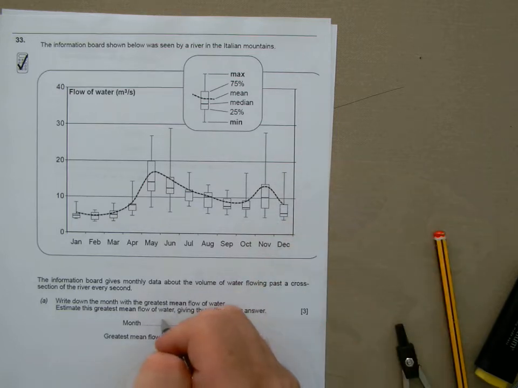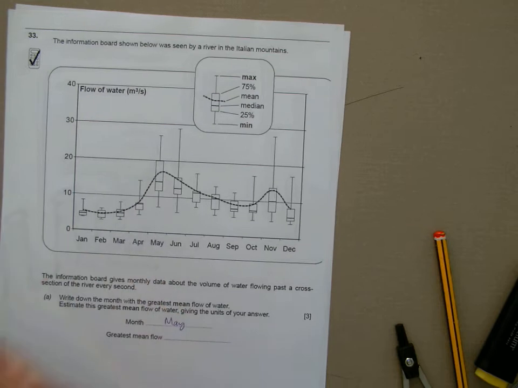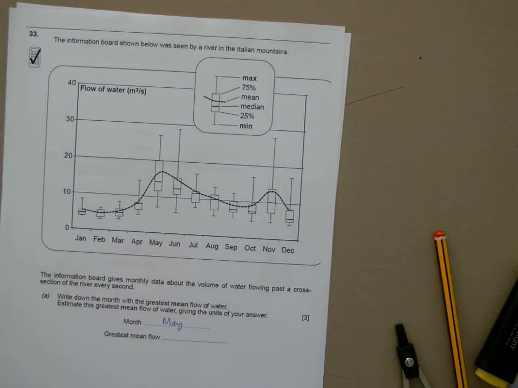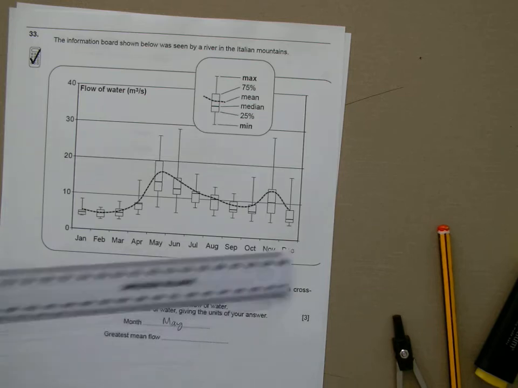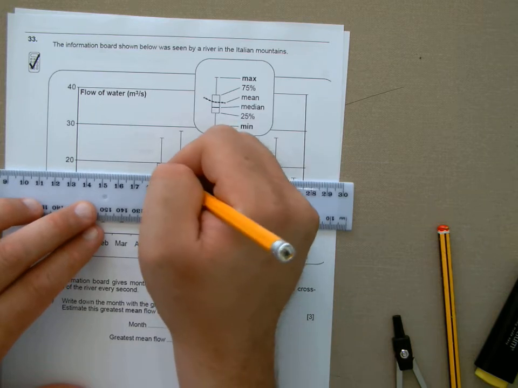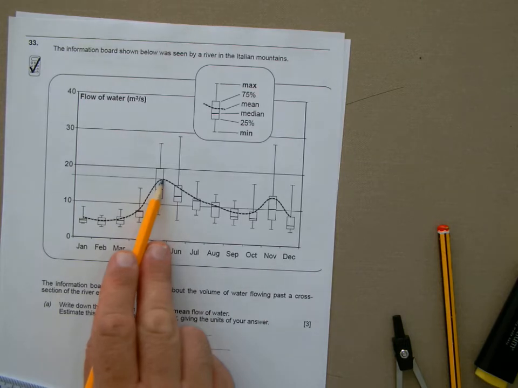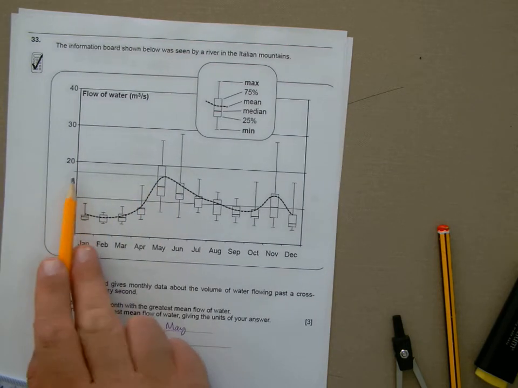So they want the months, we write down May, and the greatest mean flow, well, we just need then to take a reading from there, yeah? And it does say estimate the greatest mean flow, because the scale here isn't particularly great. It's not graph paper, okay, but the greatest will be at the peak there, so it will be somewhere there, won't it?